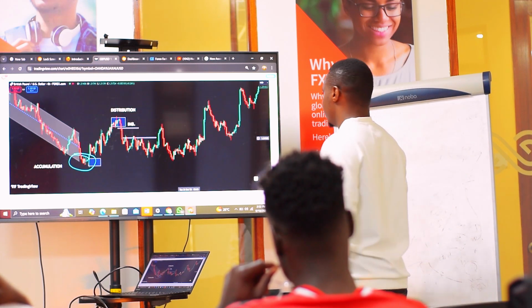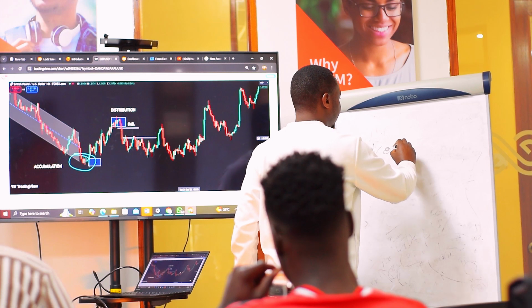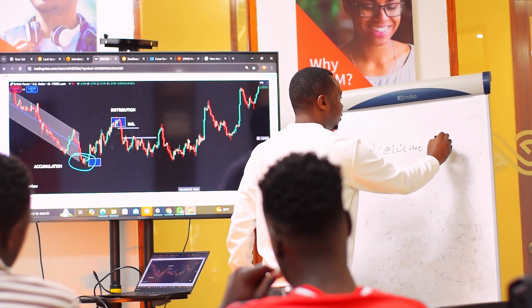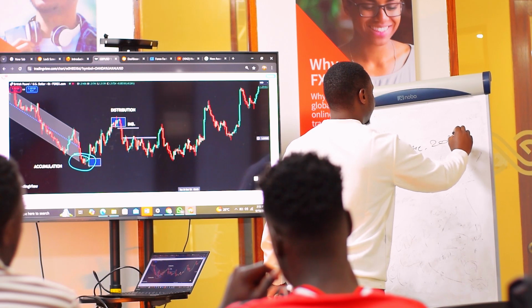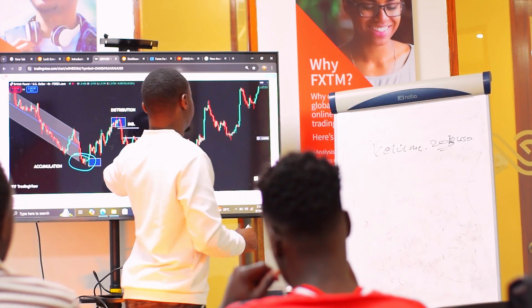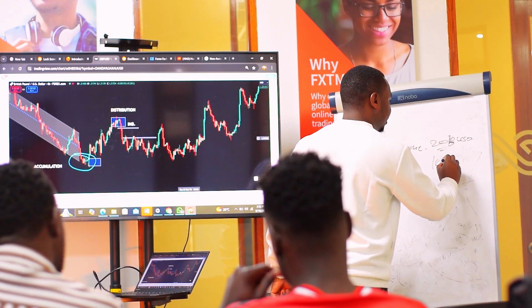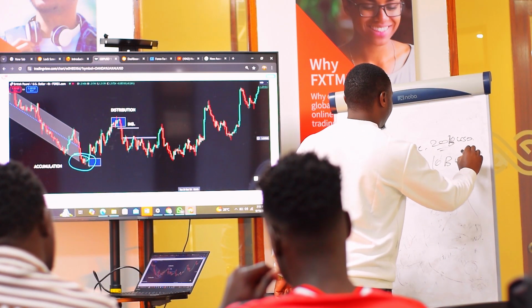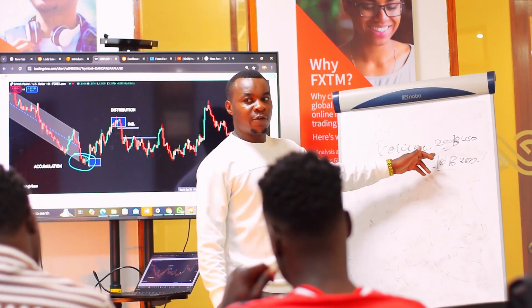Yes. In other words, let's say you have a volume of 20 billion USD on the upper side, and we have a sell volume of over 10 billion USD. Market makers are looking for volume.